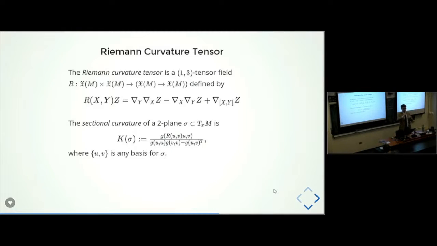I'm at a point, I have this two-plane, and I make a surface which is tangent to the two-plane at that point, and this is just computing the Gaussian curvature of that surface. That's what it is. So it's, in some sense direct and in some sense not direct, a generalization of Gaussian curvature of surfaces.